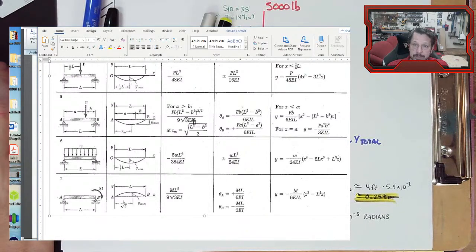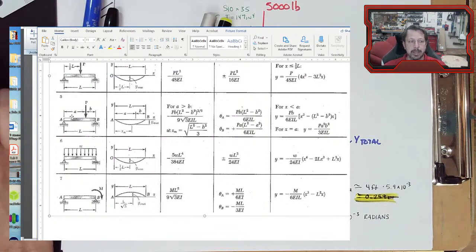Here's the maximum deflection. So this one has to tell you where that exists. It exists at this location, square root of (L squared minus b squared) over 3, so somewhere in here. In this equation, you have to have the a variable larger than the b. So you might be in the situation where you have to mirror image this one.